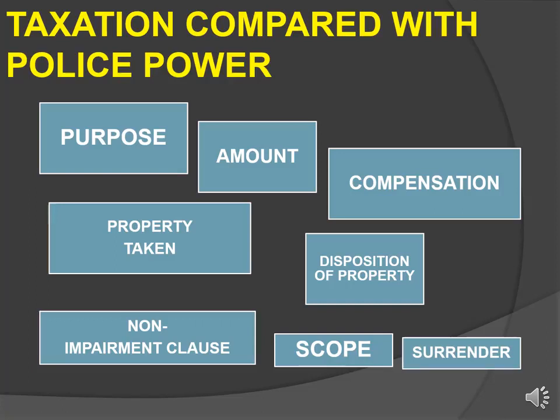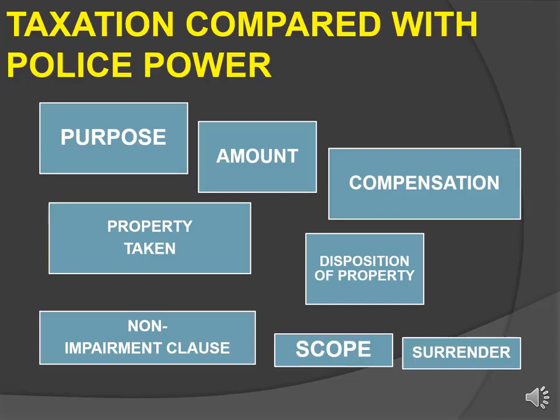Now, what about the scope? Insofar as the power of taxation is concerned, generally, only property rights are affected. But when you talk about police power, then not only property rights are affected, even personal liberty may in certain instances also be affected.